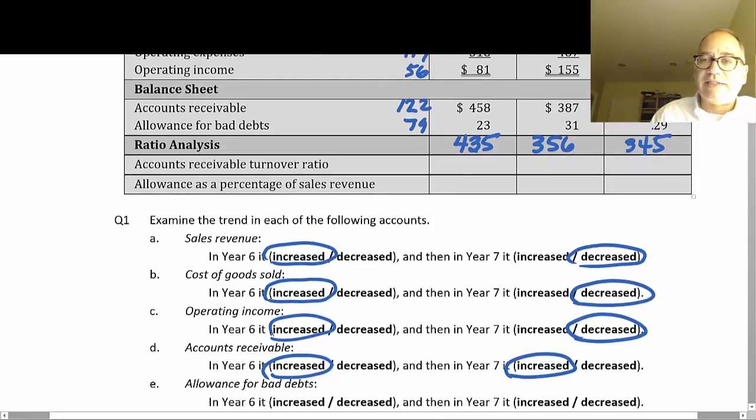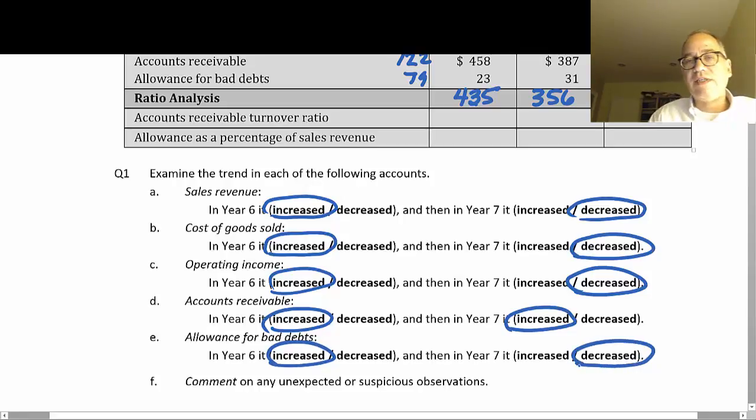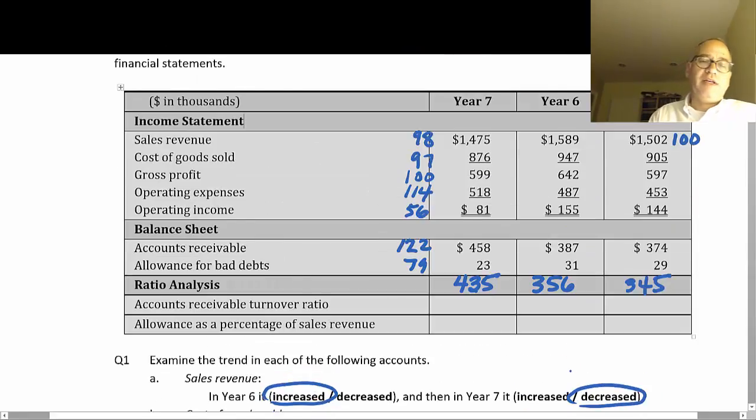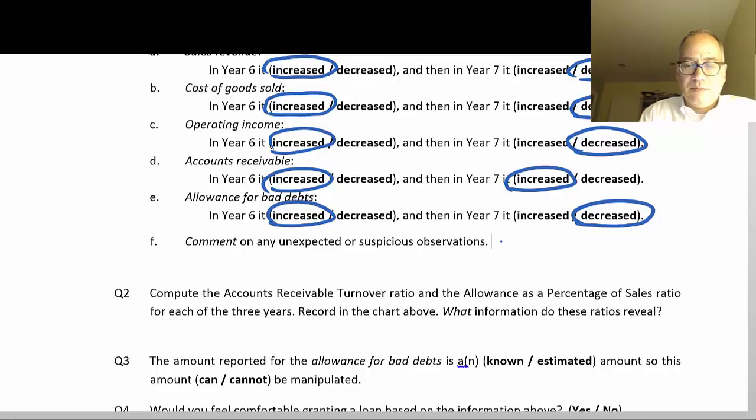And the allowance for bad debts increased in the first year from 29 to 31. That's year 6. And in year 7, it decreased to 23. So what seems very strange here is that even though sales is decreasing, well, let me put it this way.